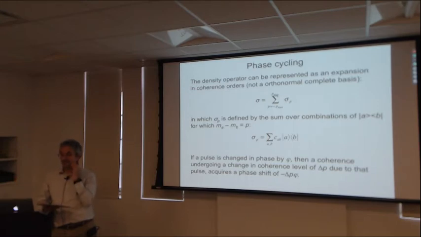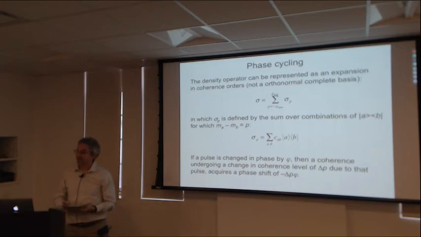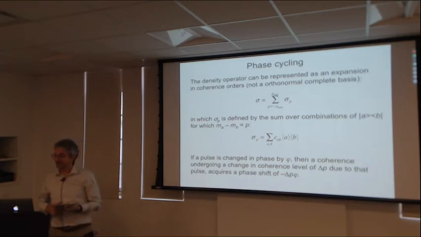And the idea of phase cycling, then, is to shift the phase of the pulses, keep track of the phase that's accrued by the coherences through the whole pulse sequence, and then shift the phase of the receiver to compensate. So suppose I started with IZ, I apply an X pulse, I have minus IY magnetization, and I record that.